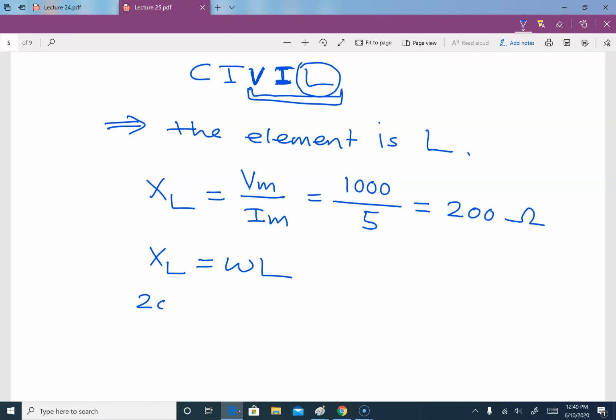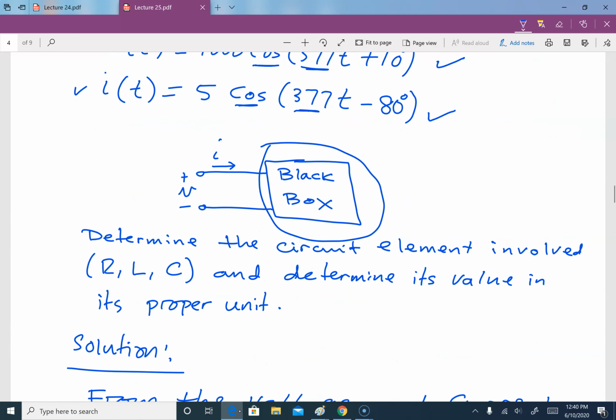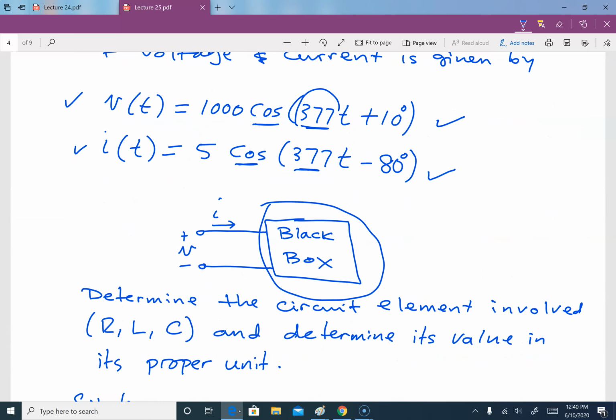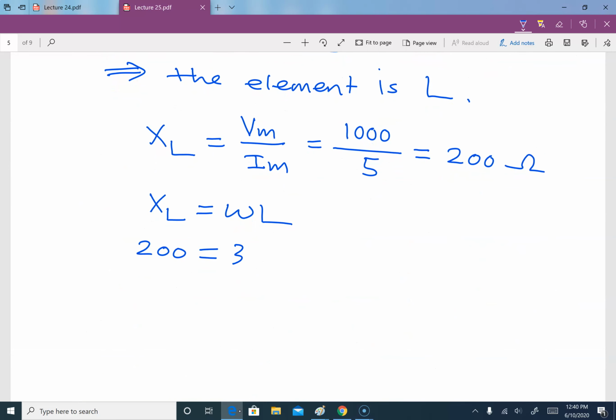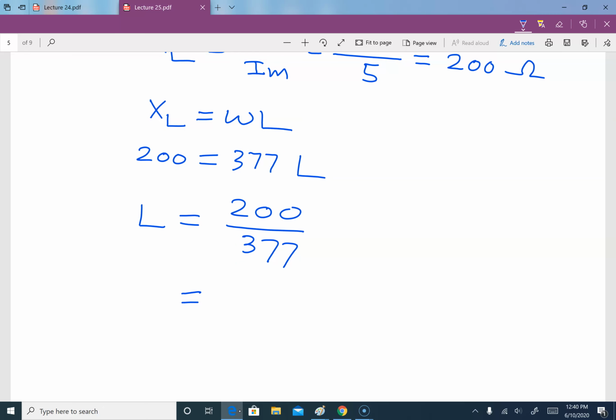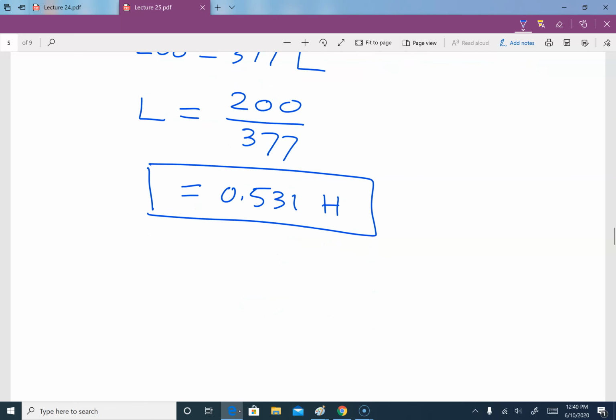So X sub L is 200, that is equal to omega, which we see back here is 377. So we put over here 377 times L. Then L is equal to 200 divided by 377, and that is equal to 0.531 Henry, and this is the value of the element involved in that black box.